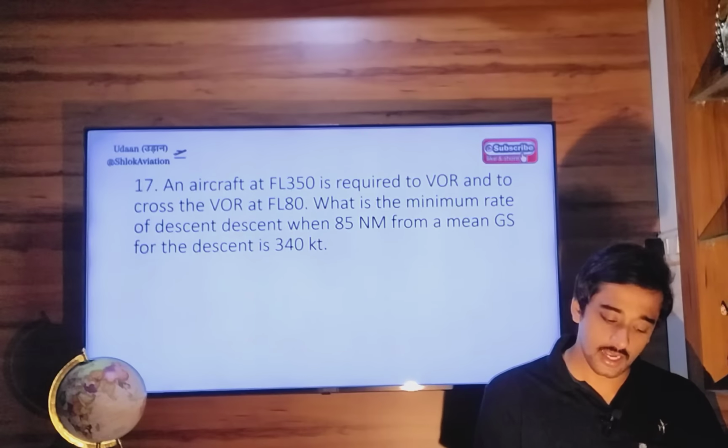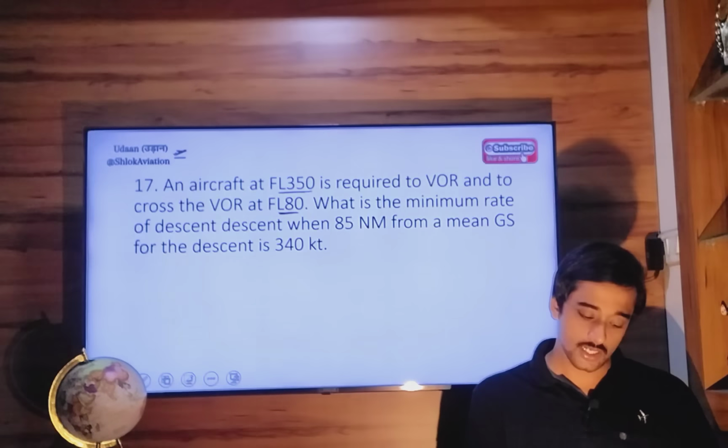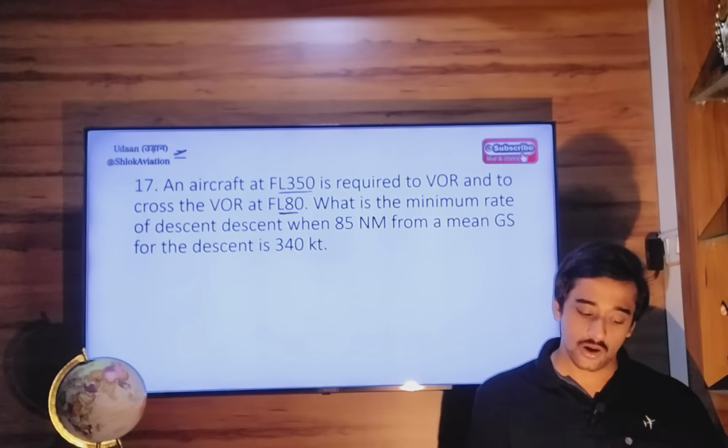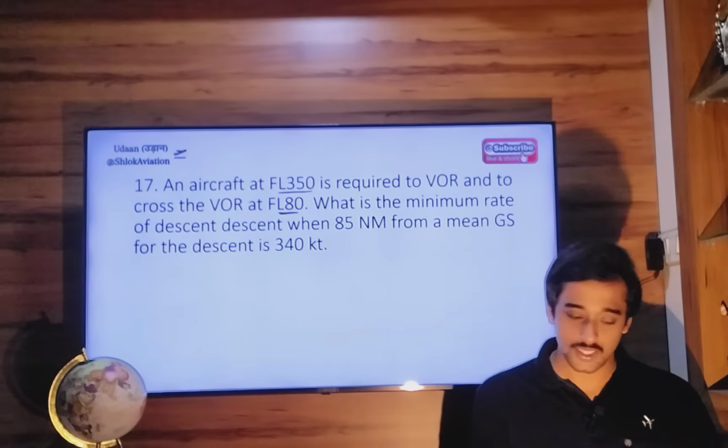Aircraft is at flight level 350, arrives at VOR at 8000 feet, flight level 80. What is the rate of descent required when you are 85 miles away at a speed of 340 knots? Okay, let's plot this. So this is your VOR station.